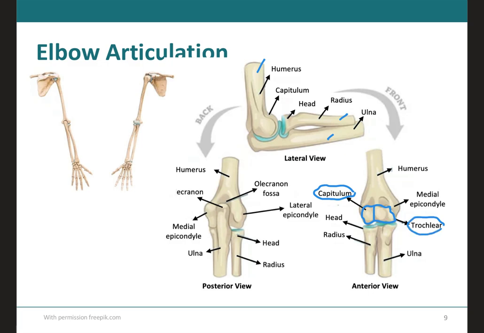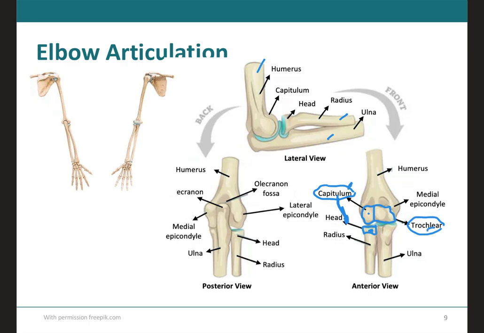So the capitulum will articulate with the head of the radius. And the way that you can remember this, remember I said that the radius reminds me of radial, and the capitulum is going to capture the radial signal. So capitulum articulates with the head of the radius.